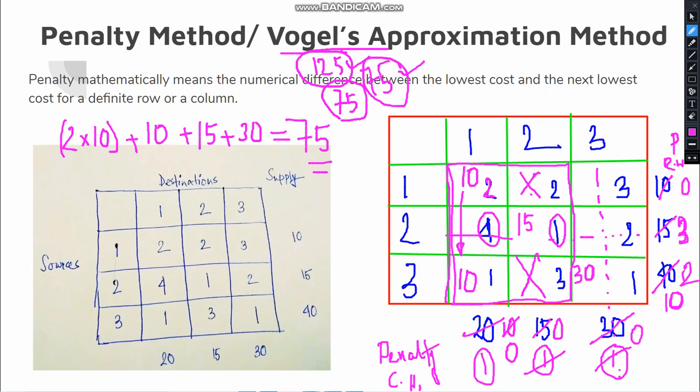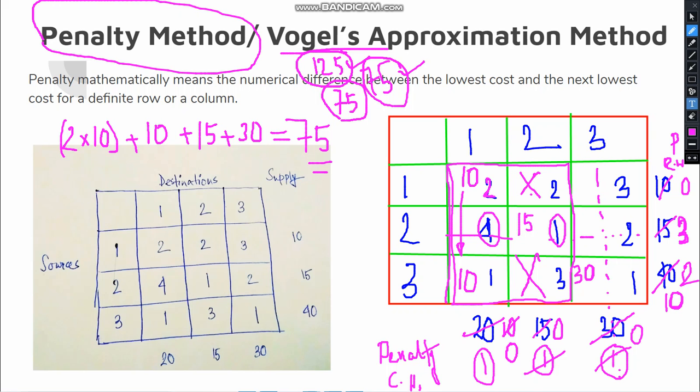The number of steps involved in optimizing will increase whenever you use matrix Minima method or northwest corner rule. So my suggestion is that to find the initial basic feasible solution, always use this penalty method. I hope that you have understood all the methods to find the initial basic feasible solution.